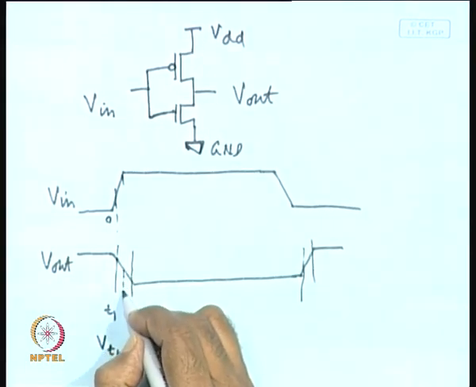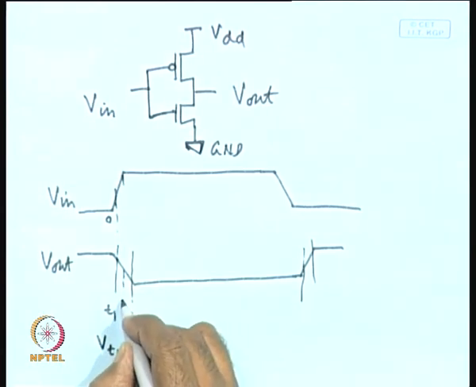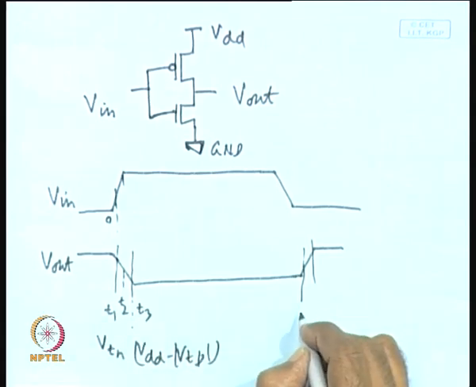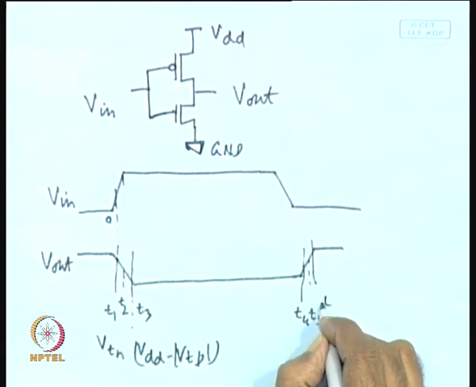In between of course you will have the Vdd by 2 point. So, here you have T1, T2 and T3, and here let us assume T4, the middle point is T5 and the end point is T6.